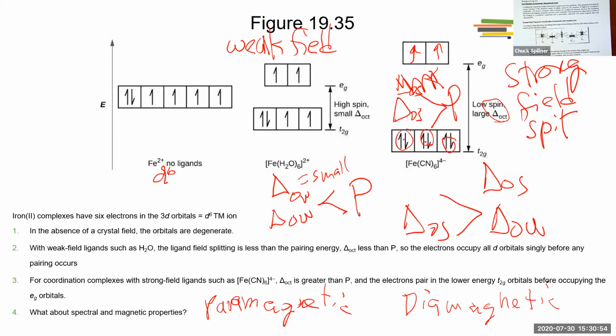But if there's even one unpaired electron, the complex ion is going to be paramagnetic. I'll say that again. Paramagnetic means that there's at least one unpaired electron. Diamagnetic means that all the electrons are paired. So in this case, the weak field case is paramagnetic and the strong field case is diamagnetic.